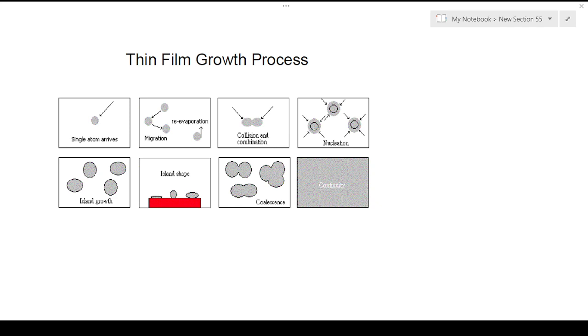Now we come to the discussion of the different growth techniques available to prepare thin films. That is a very important aspect we need to discuss. The first one is thermal evaporation.